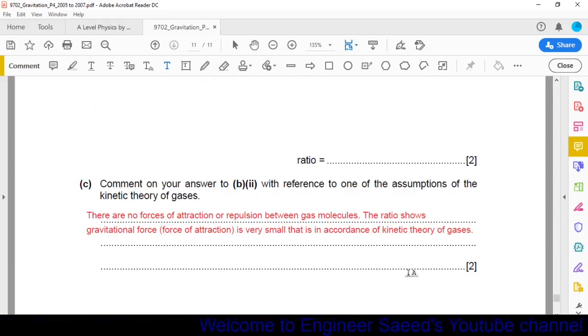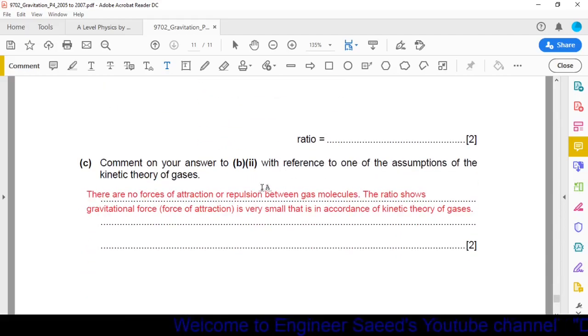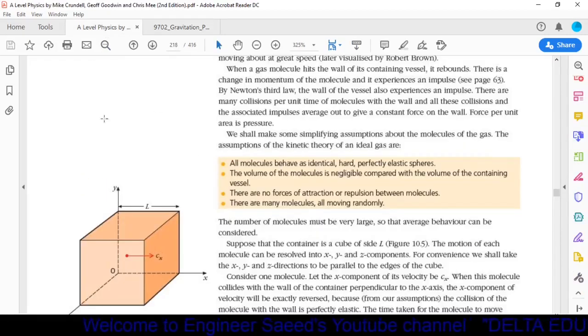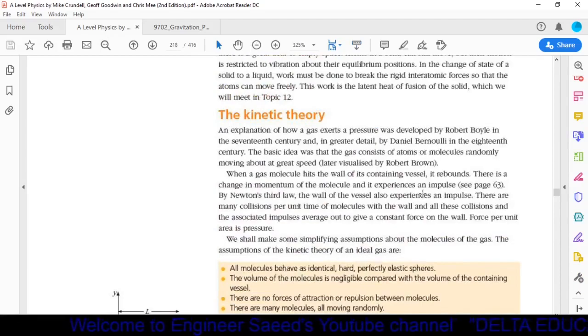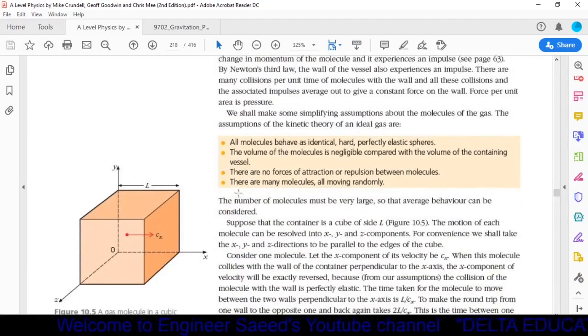Next part C, comment on your answer in B2 with reference to one of the assumptions of the kinetic theory of gases. With reference to the assumptions of kinetic theory, we have to answer this question. If we study the assumptions of kinetic theory, number 3 is written here: there are no forces of attraction or repulsion between the molecules.